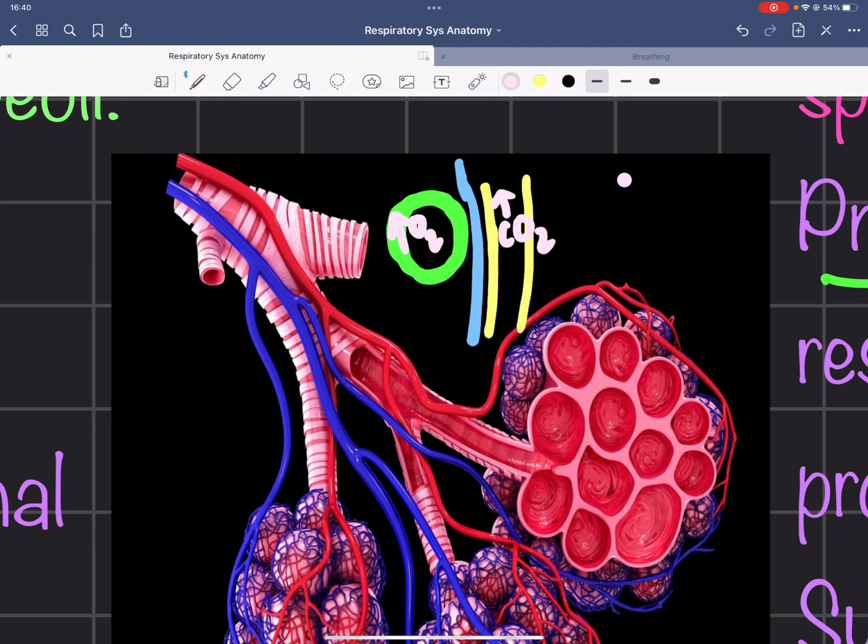So what happens is that through the basement membrane, when the concentration of oxygen is very high in the alveolar sac and very low in the blood vessels, then the higher concentration oxygen goes towards the lower concentration. For instance, here the oxygen is high in the alveoli, meaning the higher concentration goes to the lower concentration, that is in the blood vessels.